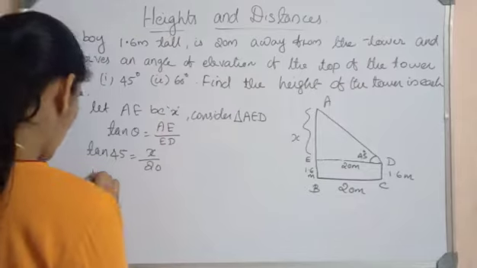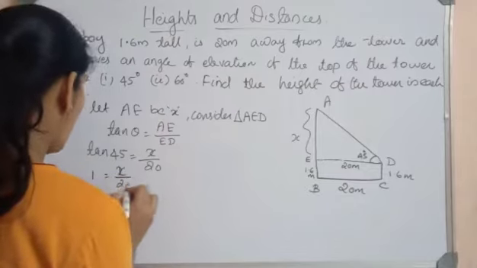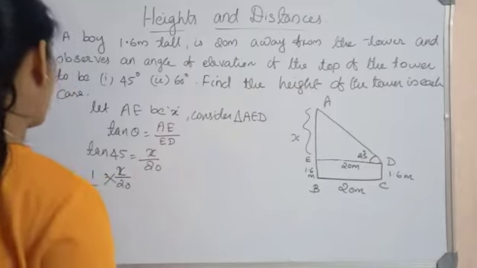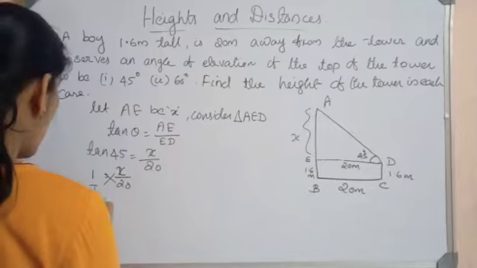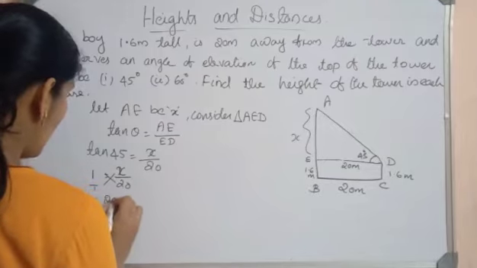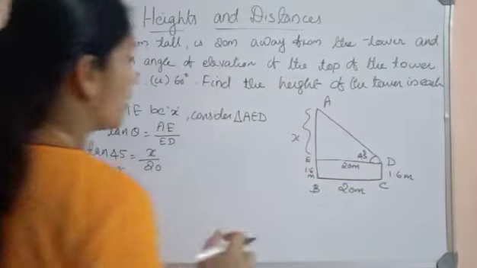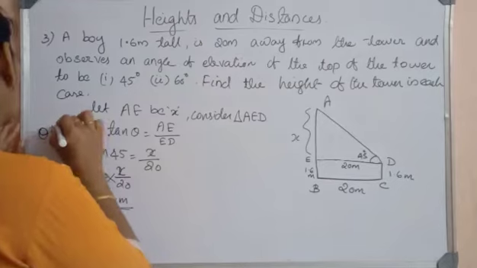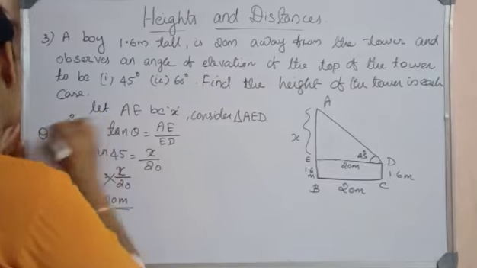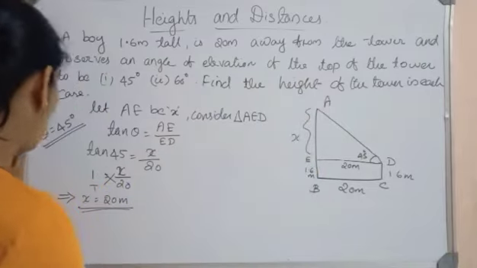Tan 45 is 1, so 1 is equal to x by 20. On cross multiplication, x is equal to 20 meters. So we got AE as 20 meters when the angle of elevation is 45 degrees.